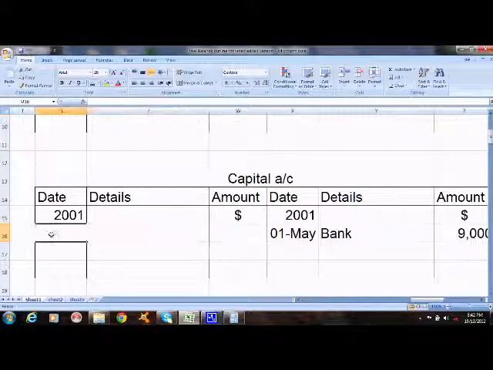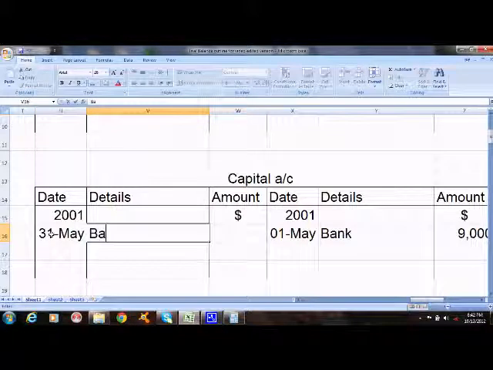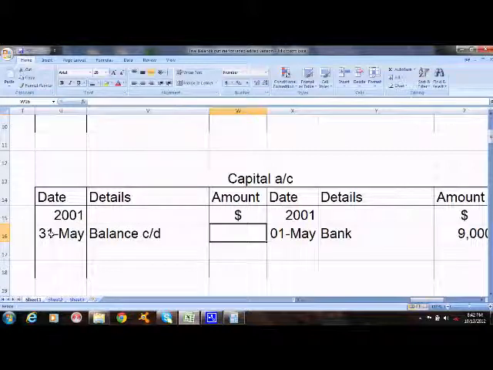Alright, in this case, when you have only one entry, all you do is write May 31, balance CD. The amount is $9,000 because there's only one thing there.